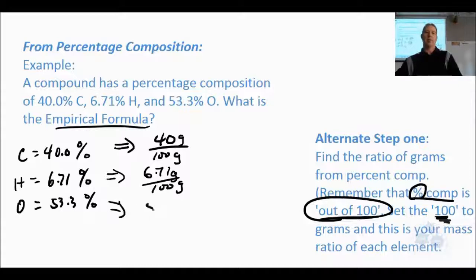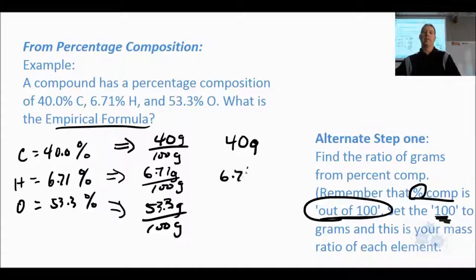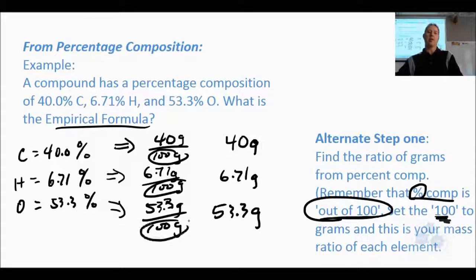And this here would be 53.3 grams out of 100 grams. So you can simply go with 40, 6.71, and 53.3 grams. You just use that number as a percent, use that as grams, and you can go from there. It's really minor, but because they're all taken out of 100, they are relative to each other, and this does work well for grams.